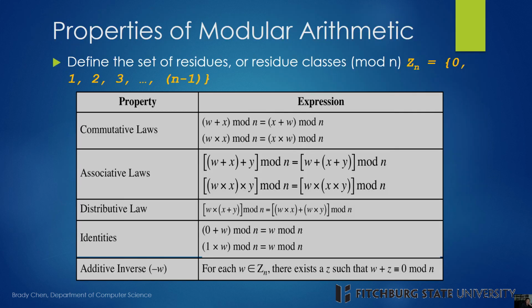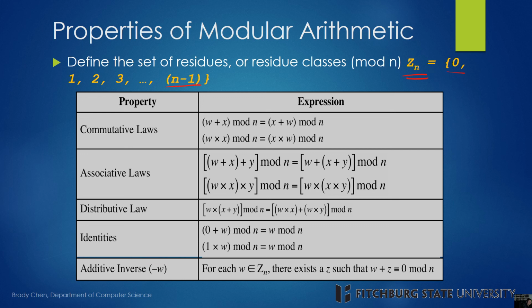Just like any arithmetic, we have the properties of modular arithmetic. When we define this arithmetic, we are talking about Zn, which is the set of all the integers from 0 to n minus 1.